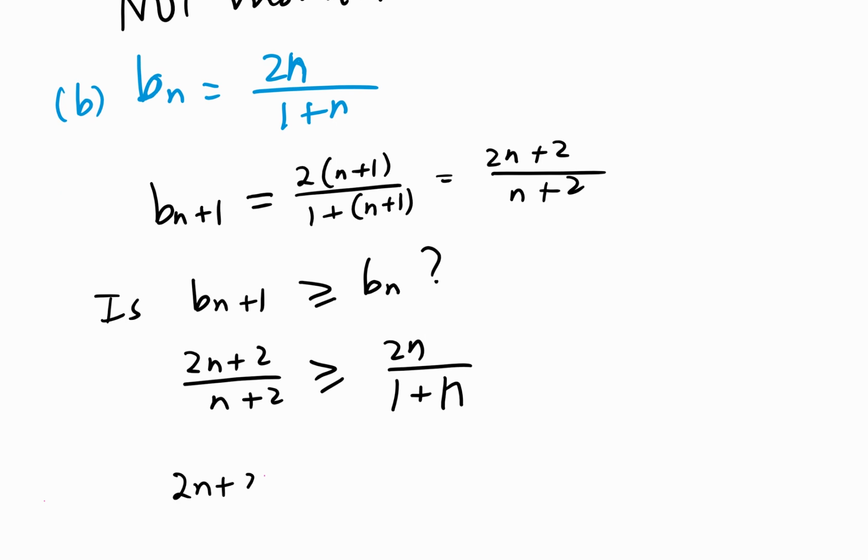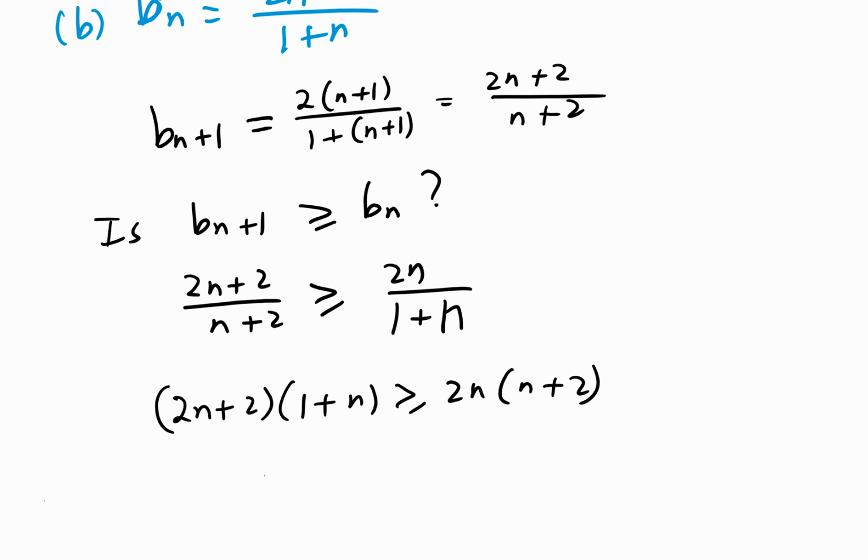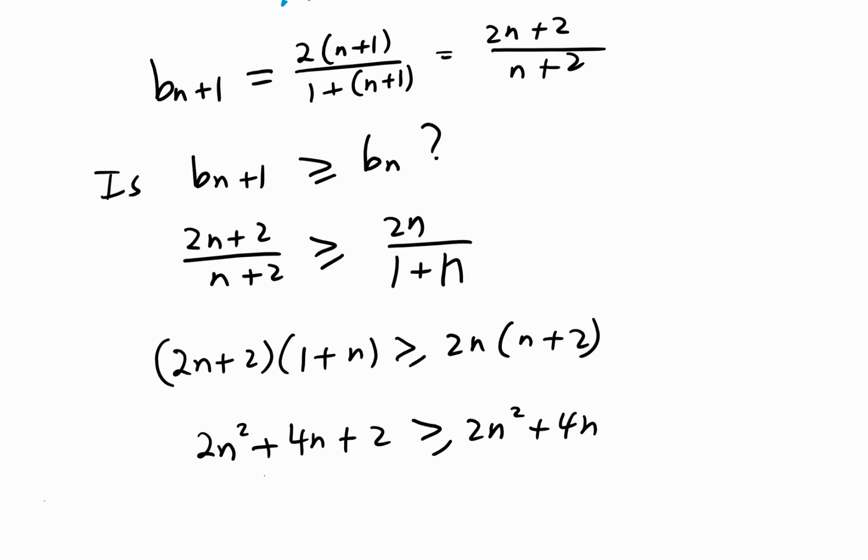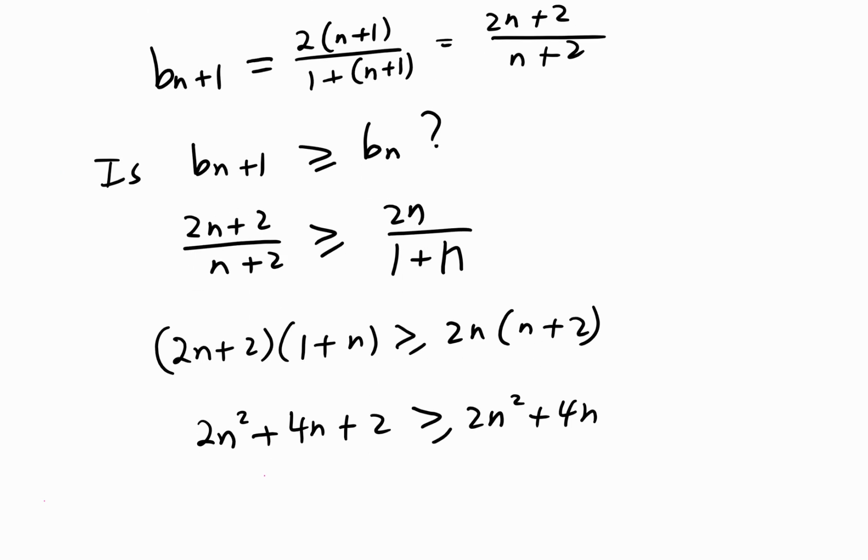That means 2n plus 2 times 1 plus n, is that bigger than or equal to 2n times n plus 2? Distribute all of this. You get 2n squared plus 4n plus 2. Is this bigger than or equal to 2n squared plus 4n? If you subtract 2n squared and 4n on both sides, that leaves 2 bigger than or equal to 0. Is that true? Yeah, that's true.